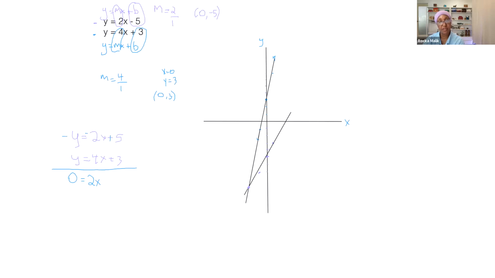Negative 5 plus 3 is negative 2, wait, 5 plus 3, 8. I need something over here, so I'm going to move this 8 to the other side and have minus 8 equals 2x. Divide both sides by 2. So negative 4 equals x.